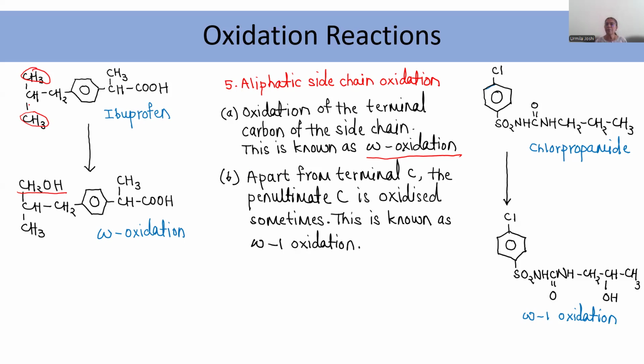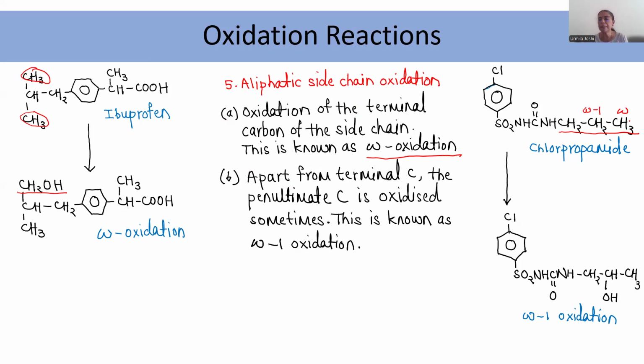Sometimes what happens? Apart from the terminal carbon, the penultimate carbon is oxidized. So this is the side chain, the alkyl chain of chlorpropamide. This is the omega carbon, but this is called the omega -1 carbon.